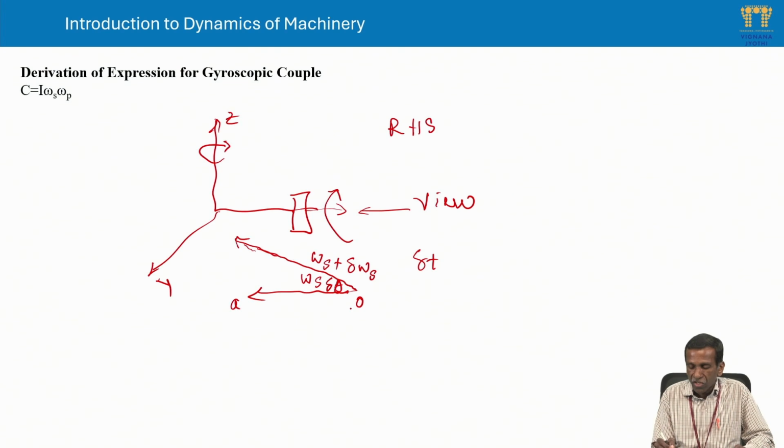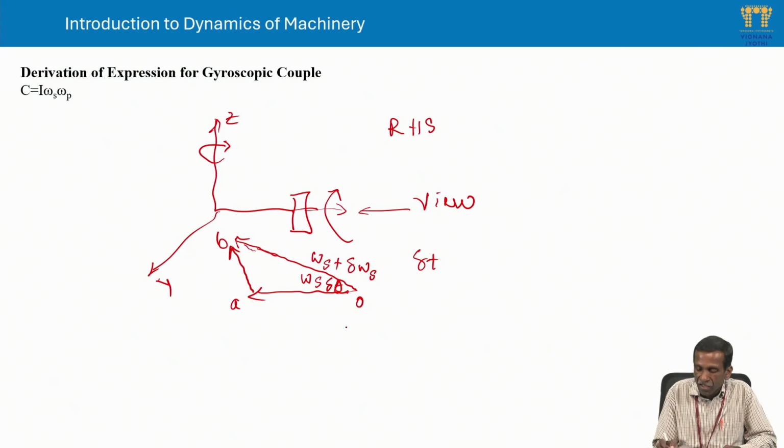While you rotate by angle delta theta about the z-axis by applying torque, the spin axis moves along OB. The vector OB represents omega s plus delta omega s. Then how much change is given? The vector AB represents the change of angular velocity.